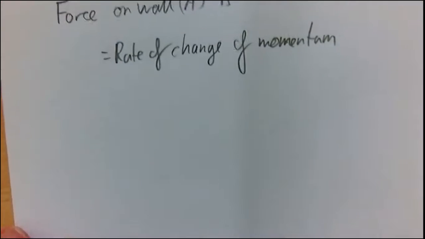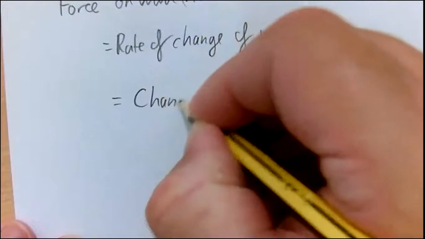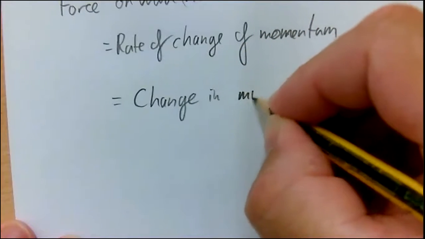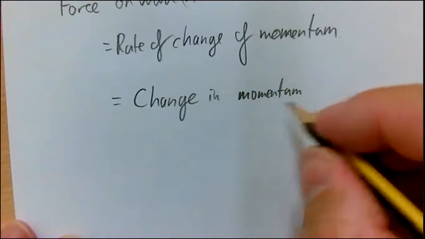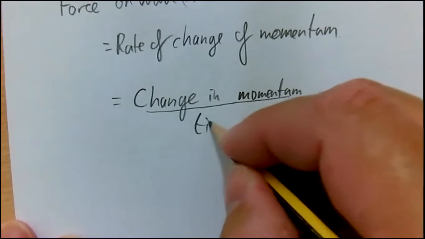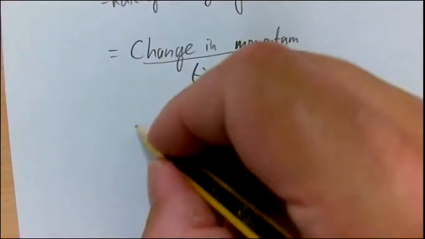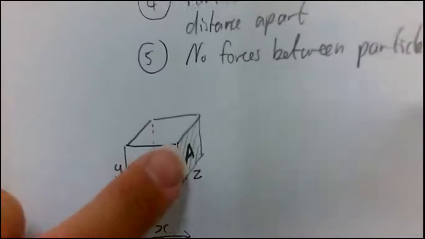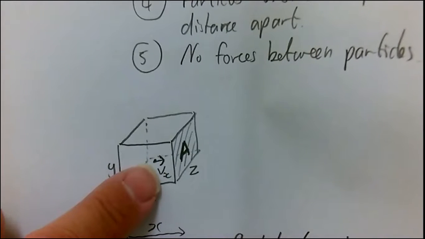So it's going to be the change in momentum divided by time. Remember, we're thinking about our force on this wall here. It's going to be applied every time this particle collides with that wall.